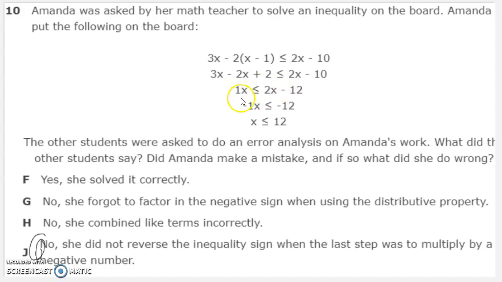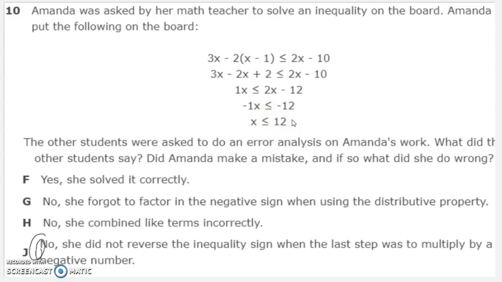So 1 minus 2 gave her a negative 1x. She's left with a negative 12 on the right-hand side. So far, so good. Her last step, she divided by negative 1 on both sides, which is correct, right? So she gets x on the left and she gets a positive 12 on the right because negative 12 divided by a negative 1 gives you a positive answer.